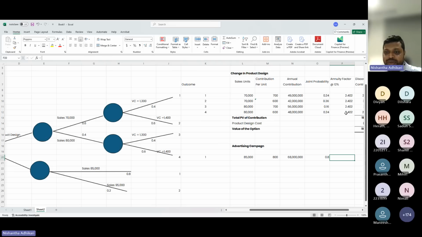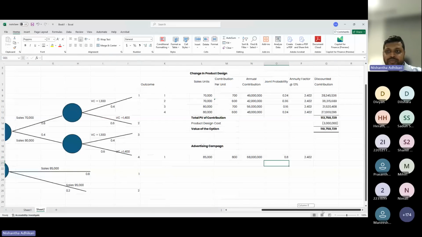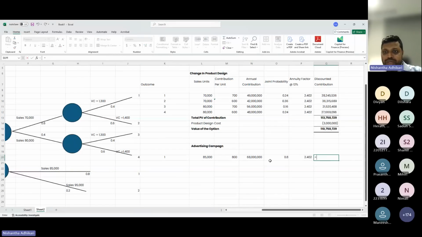Annuity factor remains the same. Your expected value will be 68 million into probability into discount factor, 130 million. Then outcome 2 is 95,000. Contribution remains the same, 800 per unit, and you can calculate total contribution. Its probability is 0.2.